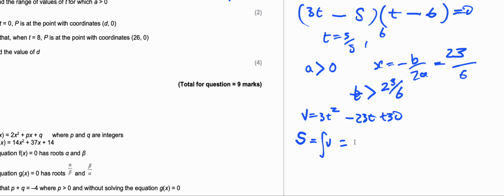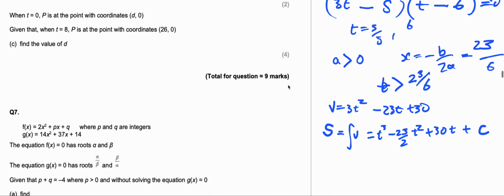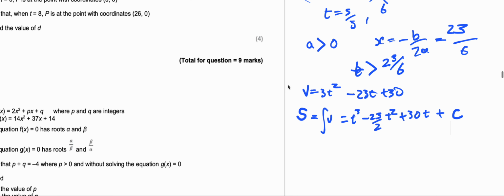It's going to be t cubed minus 23 over 2 t squared plus 30t plus constant. Okay, so we know that when t is 8, p is at 26, 0.